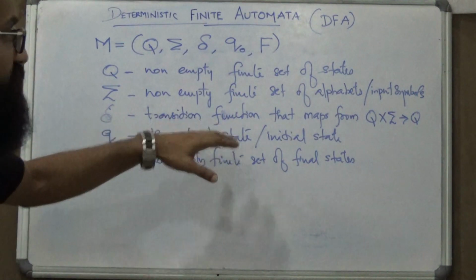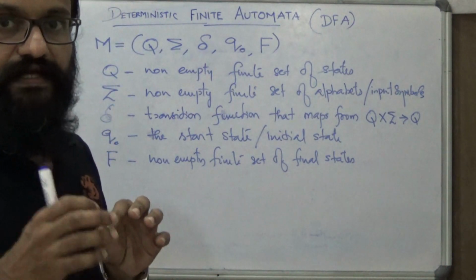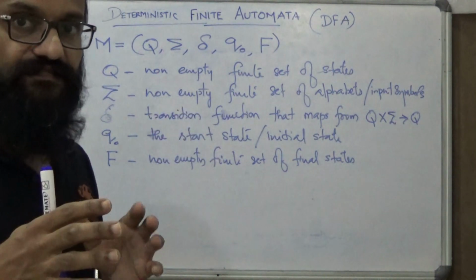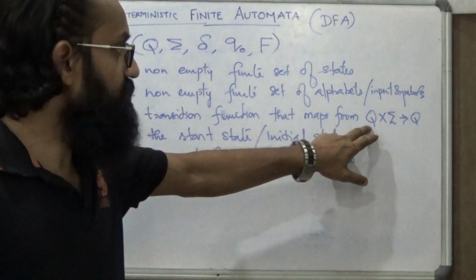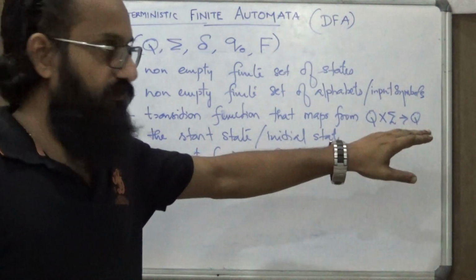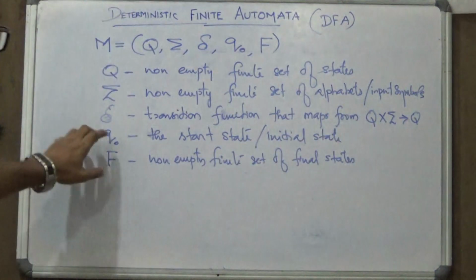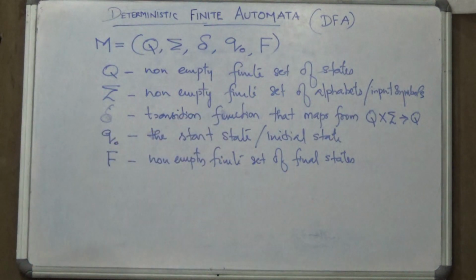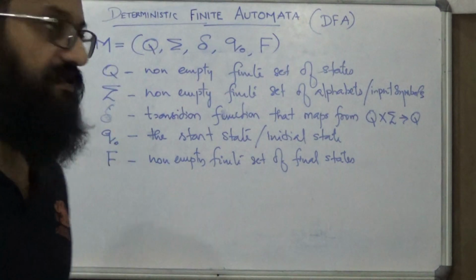Then delta is a transition function. As we have discussed earlier, depending upon the current state and the input, transition takes place. So we have to define the transition function, and that function maps from Q cross sigma to Q. We can discuss this function mapping later. Then Q0 is the starting state or initial state. That state is unique, and in our case we will always fix Q0 as the start state.